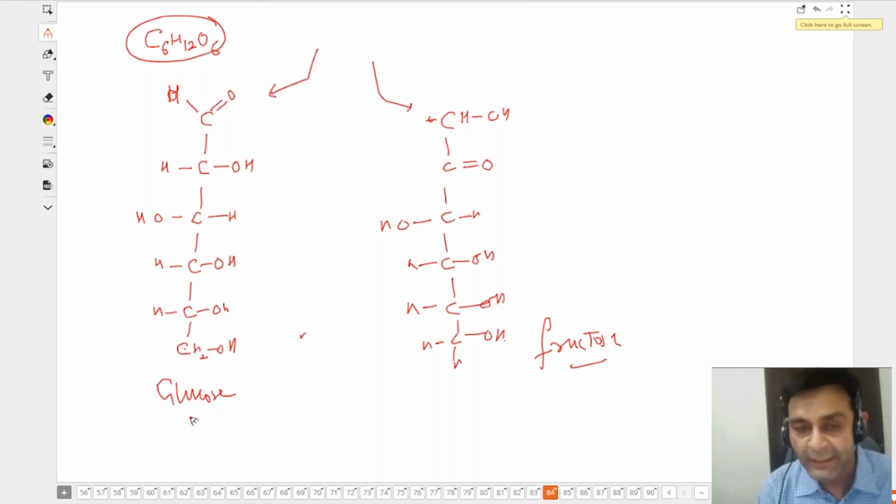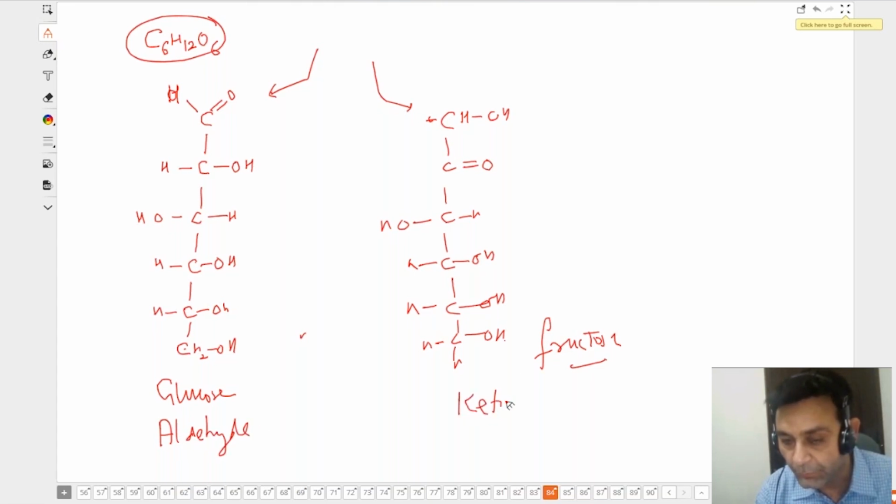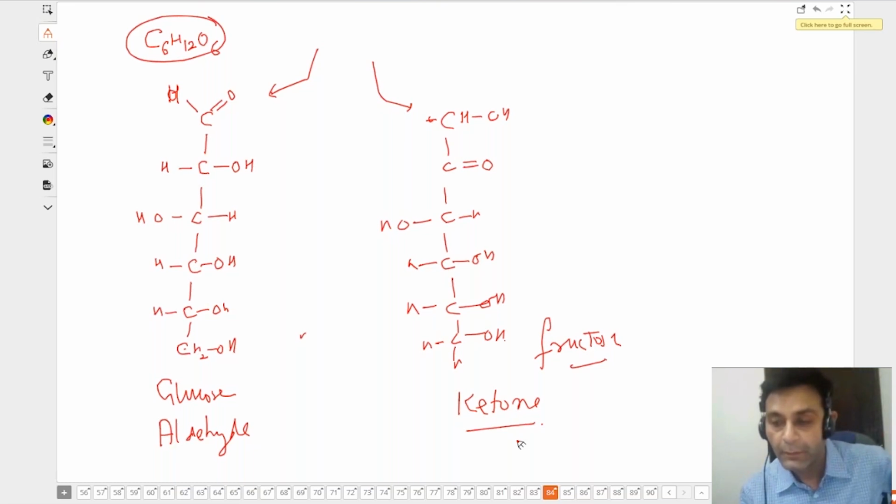You can see glucose is an aldehyde and fructose is a ketone. They have different functional groups. One is the aldehyde, the other is the ketone. Right. So this is a pseudo unimolecular reaction.